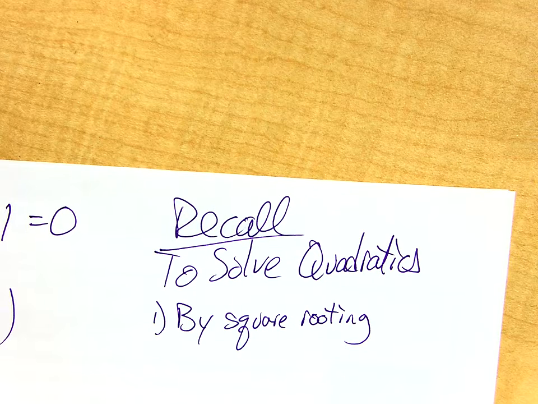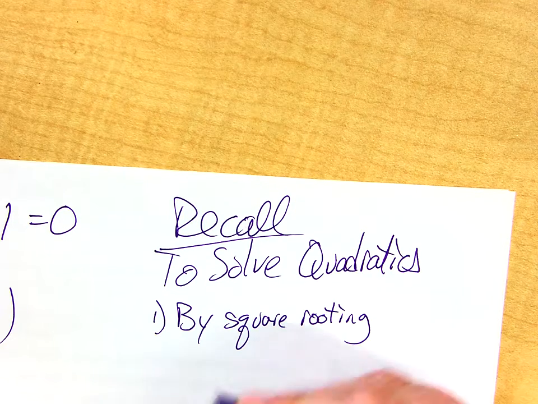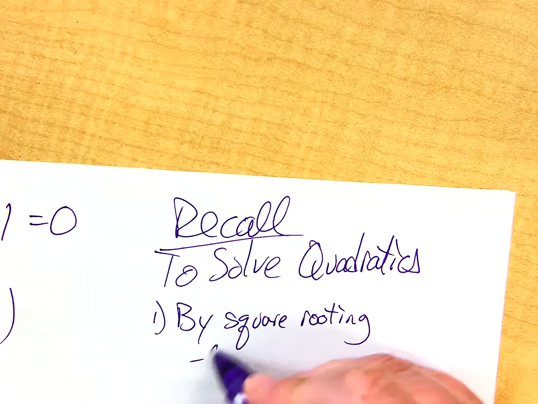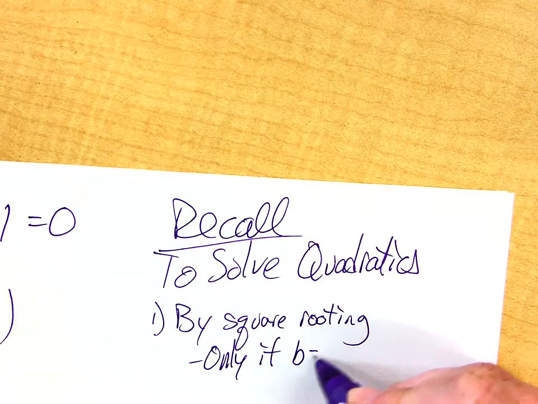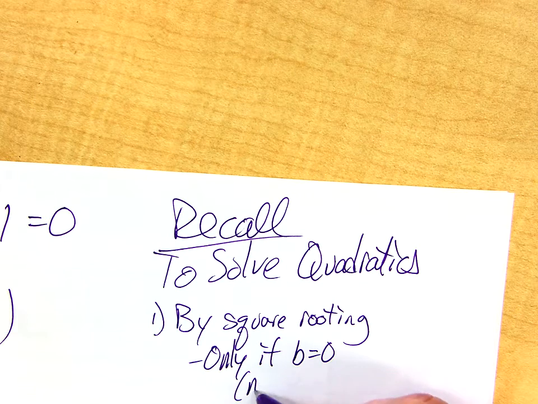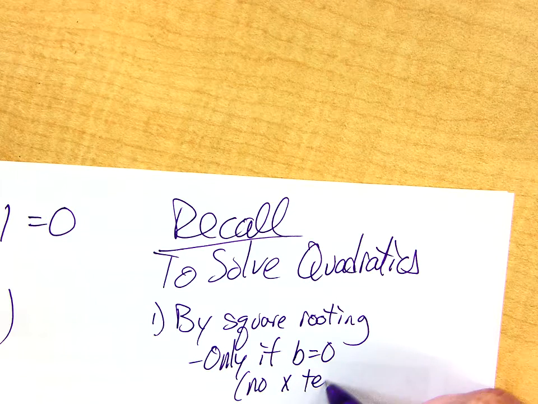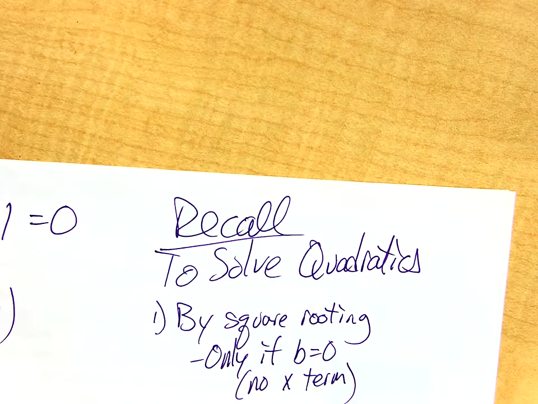In other words, I don't have an x in my equation, only an x squared. Remember getting the x squared all by itself and then you just take the square root of both sides? That's our easiest one. That one can only be done if b equals 0, so in other words, no x term or linear term.